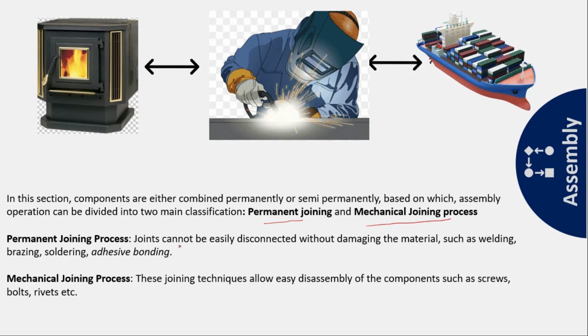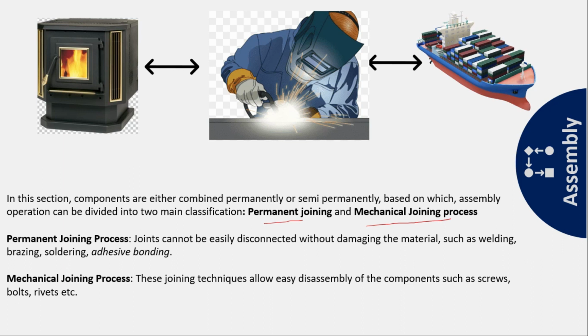In which the joints formed cannot be easily disconnected, and if they are disconnected, it cannot be done without damaging the material. Either the joints are so strong that they cannot be disconnected, and if we disconnect them, it will damage the material, such as welding, brazing, soldering, adhesive bonding. And you can see when we break the weld, it also damages the parent material.